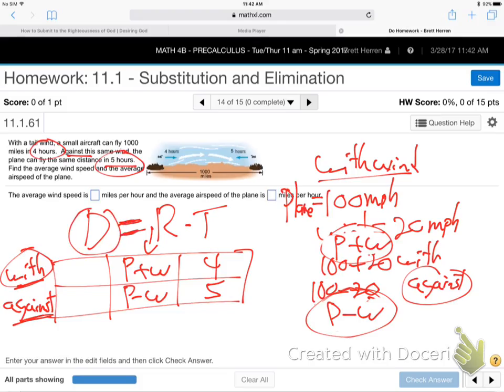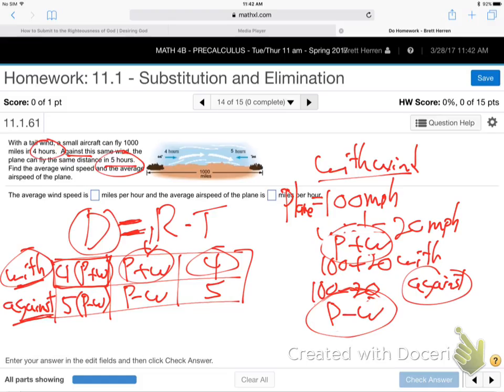It equals the R box times the T box. D equals R times T. So this D box is going to have 4 times P plus W, and this one's going to have 5 times P minus W. It doesn't matter what order you write them in, because distance is rate times time.